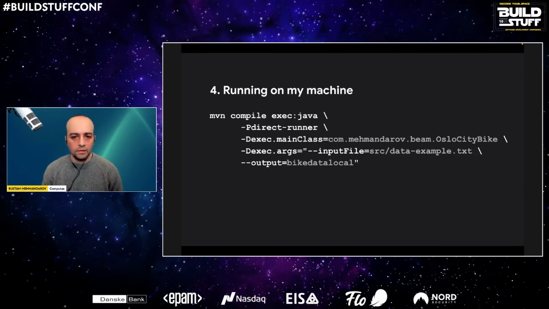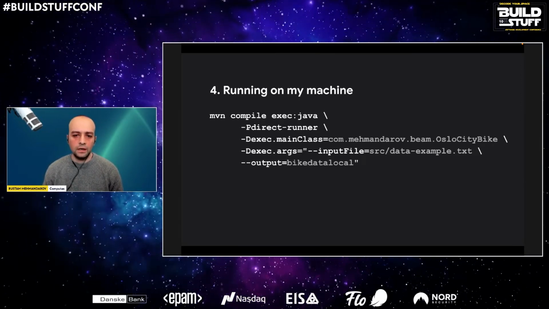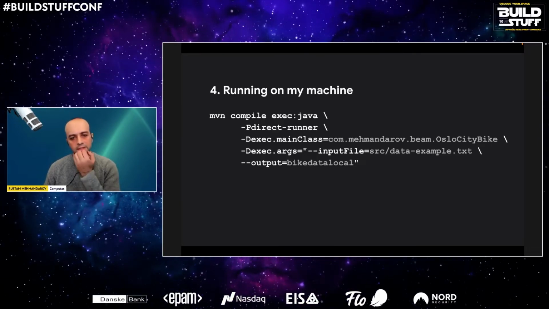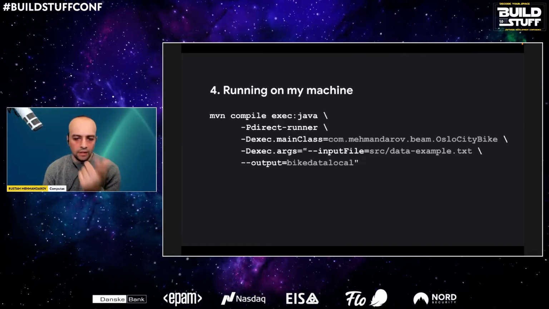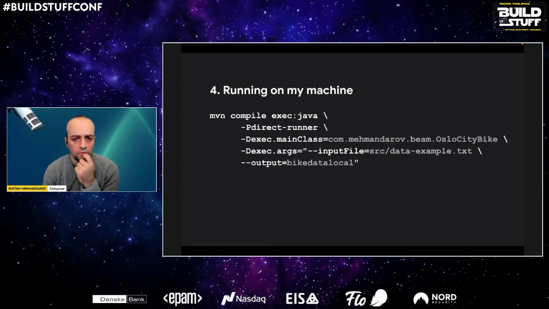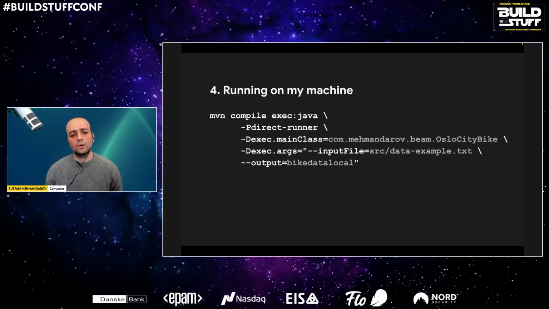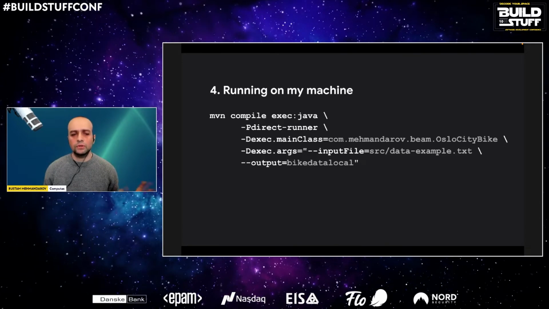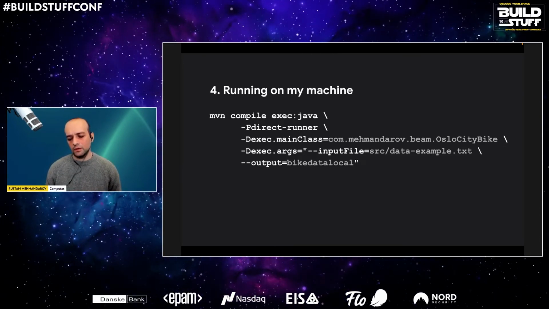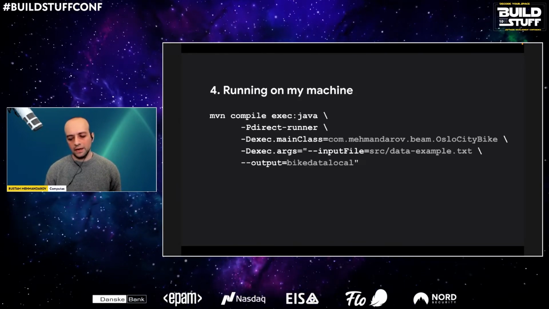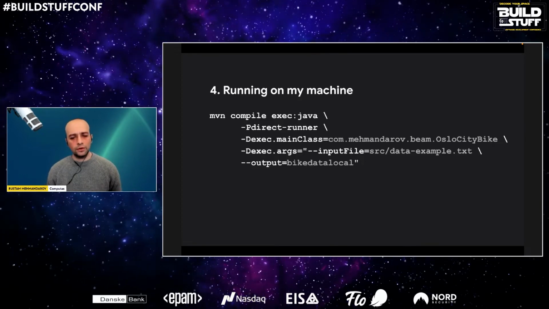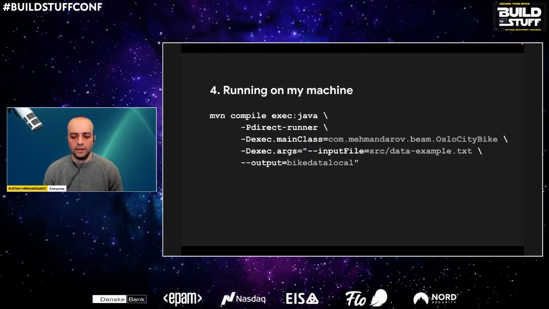So you do Maven Compile, you provide a few arguments to it, and those that are starting with D are, well, the P one is basically to say that we are going to use the direct runner. That means that we're actually going to use our local machine and not all the other possible runners, because Apache Beam has this really nice way where you can switch runners but still have the same pipeline. You can actually switch the wheels of your car depending on what you're running on, in a way, right?